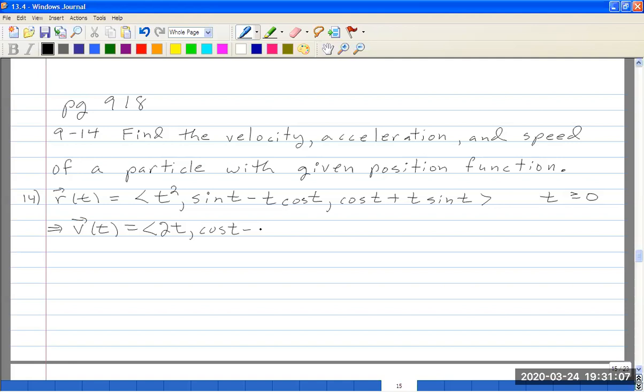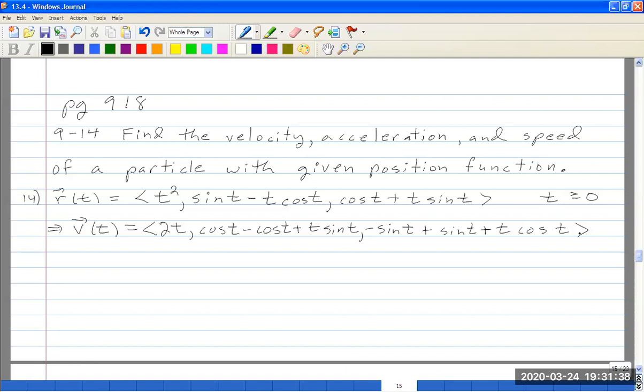Product rule: derivative of the first times the second plus the first times the derivative of the second. Take the derivative of cosine, minus sine. Use the product rule for the second part: derivative of the first times the second plus the first times the derivative of the second.